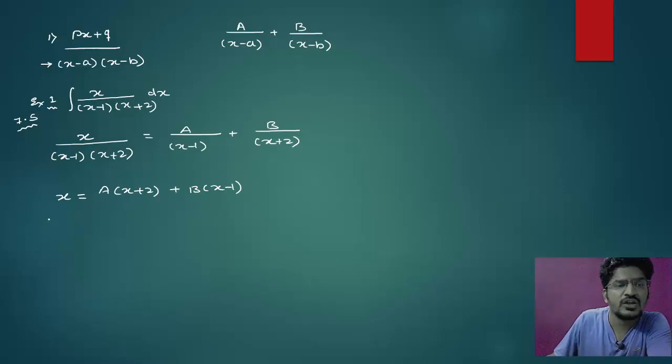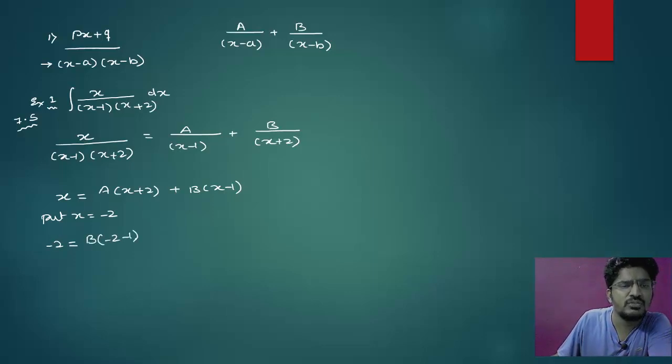Okay, so for that I can put x equal to minus 2 first, so that minus 2 plus 2 will become 0. So the a term will be 0, therefore minus 2 will be equal to b times minus 2 minus 1. This will be minus 3, so that you can see minus 3b equals minus 2, so b is going to be equal to 2 by 3.